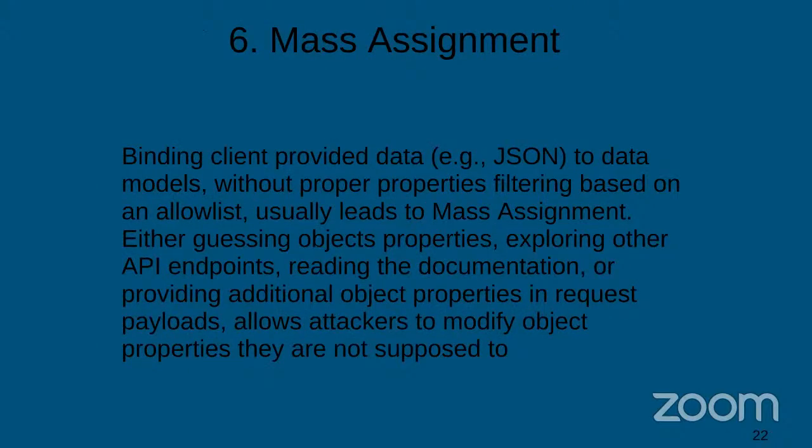Then you have mass assignment. This is generally based on how you're going to align your data. If you don't have a better way of filtering your data and ensuring you have property filtering, you'll end up risking your users. This generally results from whereby you bind the client's data to a data model which does not filter.